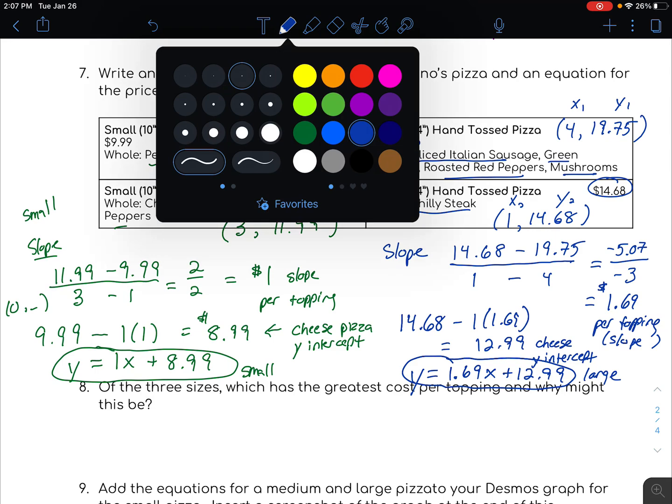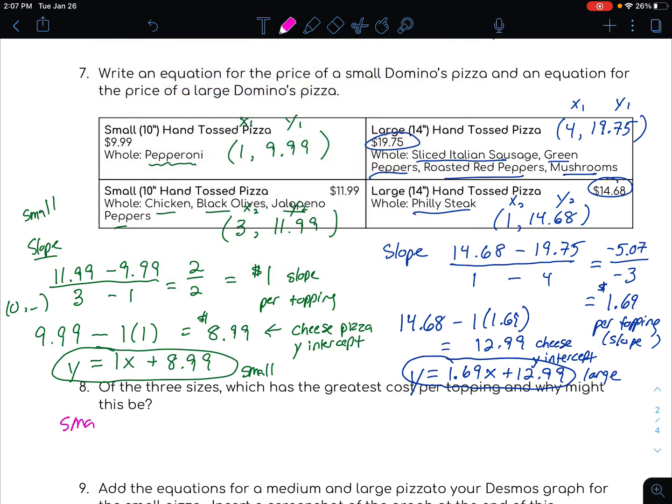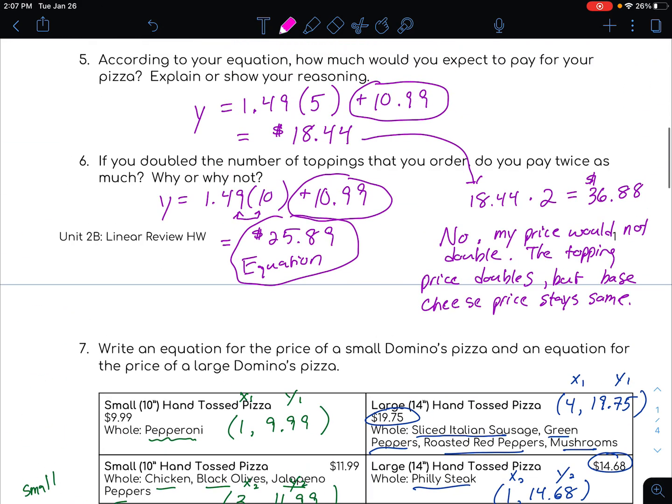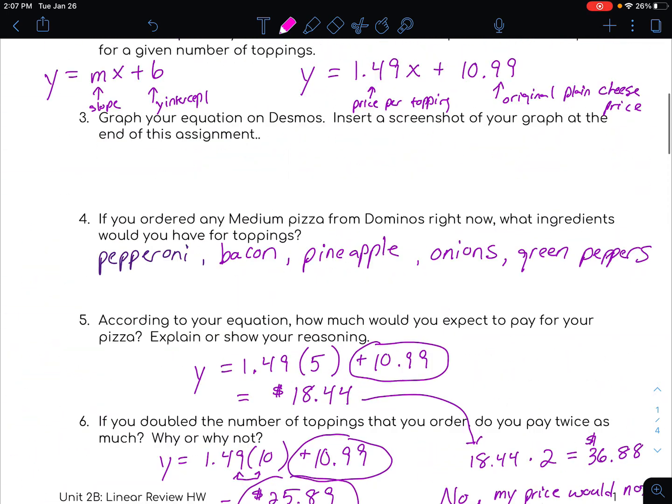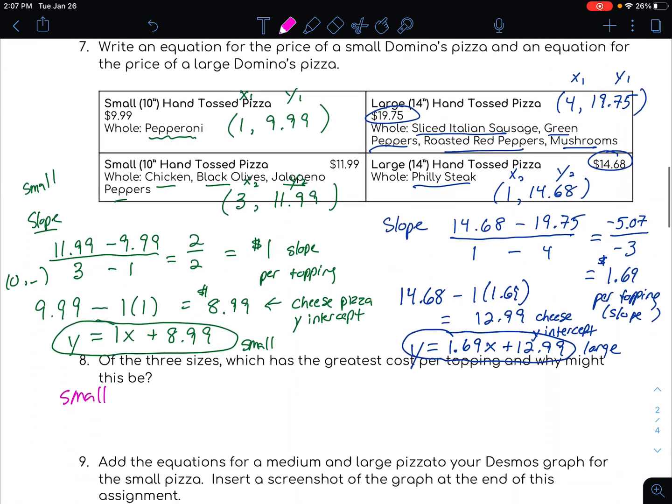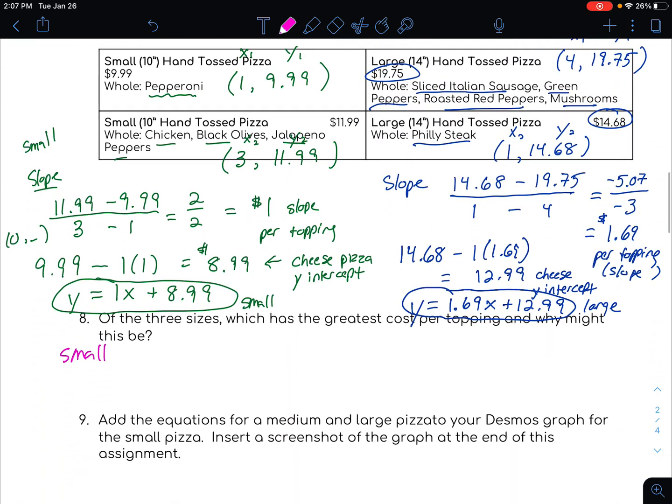Well, the small was, let's just go. So remember, small was $1.49. Is that what the small was up here? Yeah. So small was $1.49. Nope. Take that back. The small was not $1.49. The small was the one right here. I kept thinking that the first one we did was the small, but the first one we did was the medium. So there's our small.